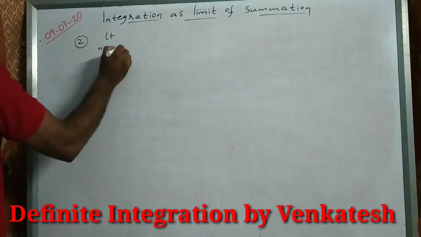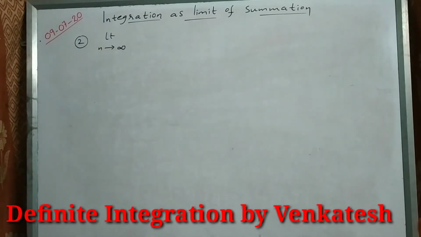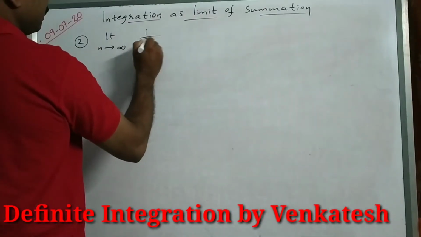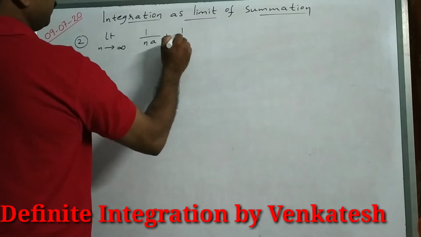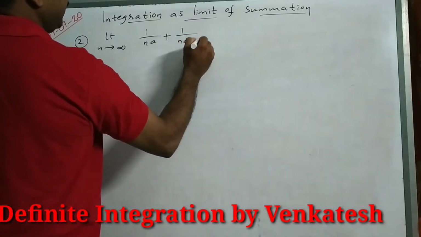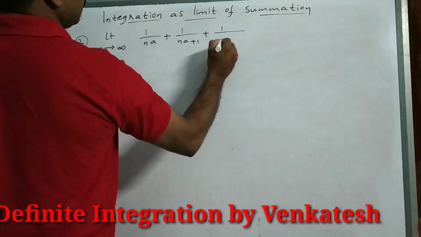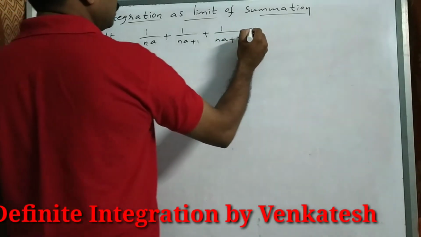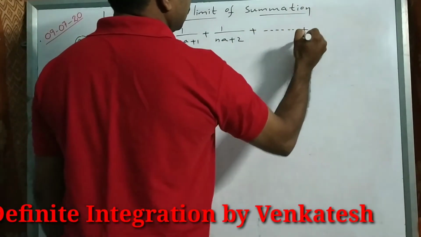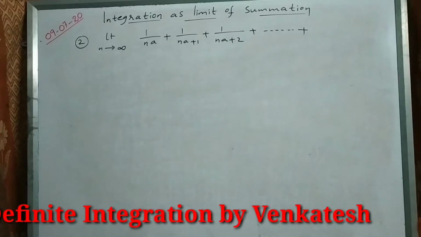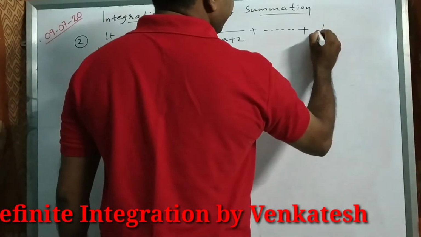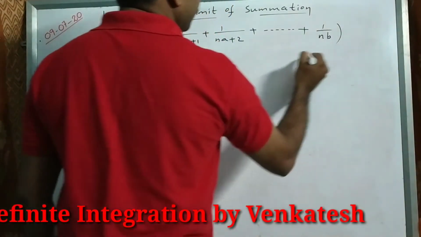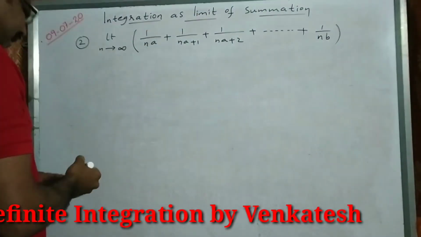Limit n tends to infinity, 1 by na plus 1 by na plus 1, na plus 2, plus so on, plus 1 by nb.